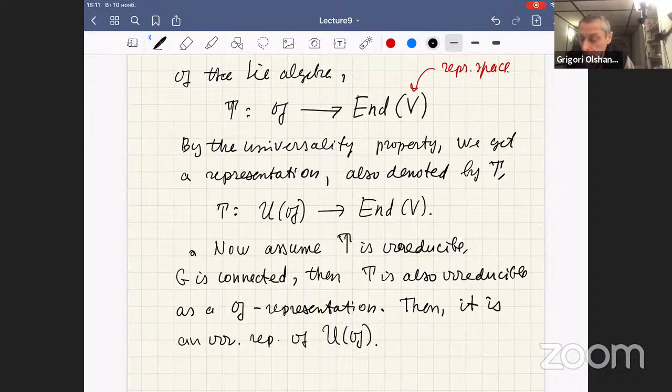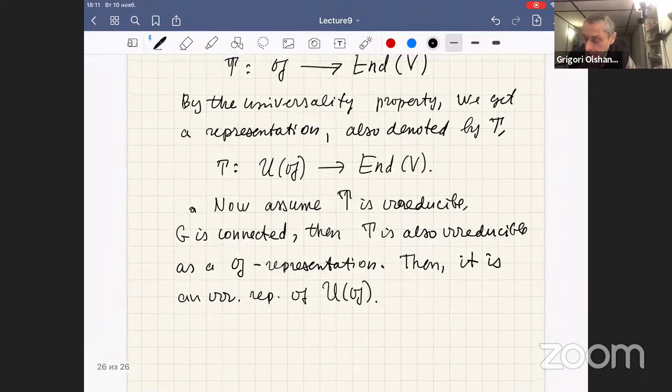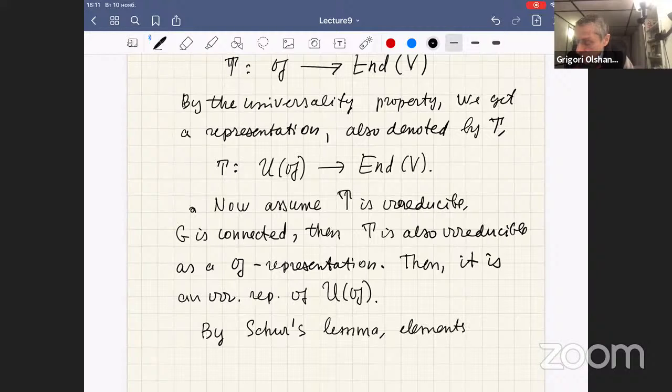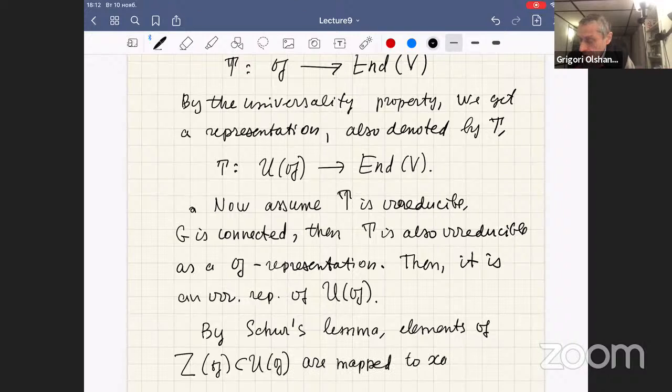But you have a center, and by Schur's lemma, elements of the center are mapped to scalars.